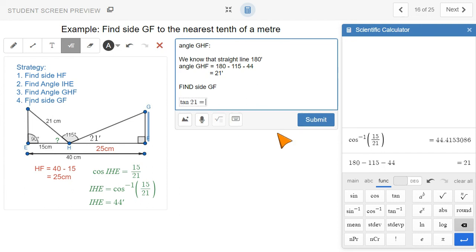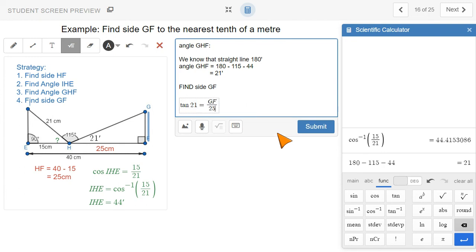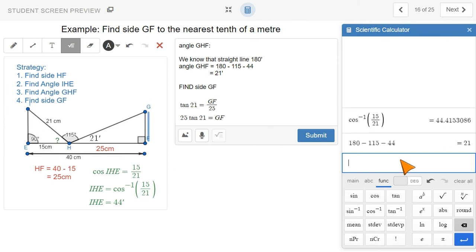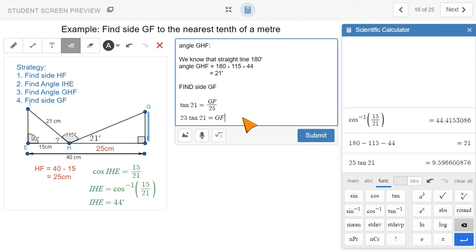Tan 21 is equal to opposite GF over adjacent. Let's cross multiply. 25 tan 21 is equal to GF. And GF is equal to 9.6 centimeters.